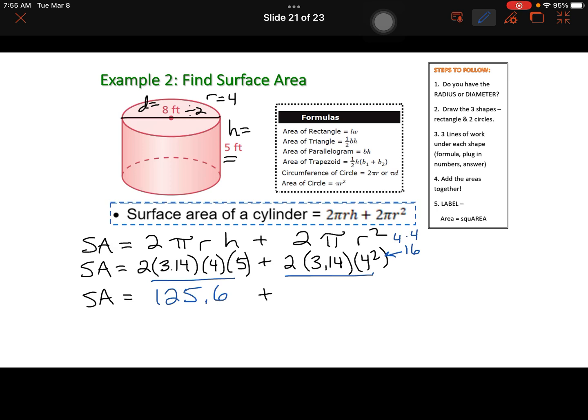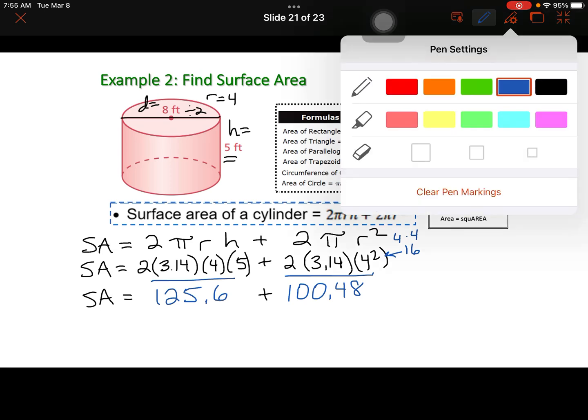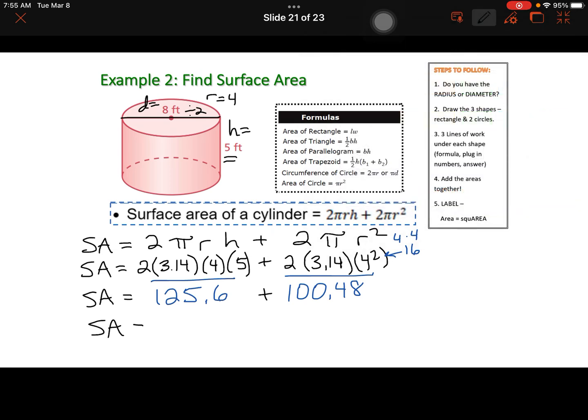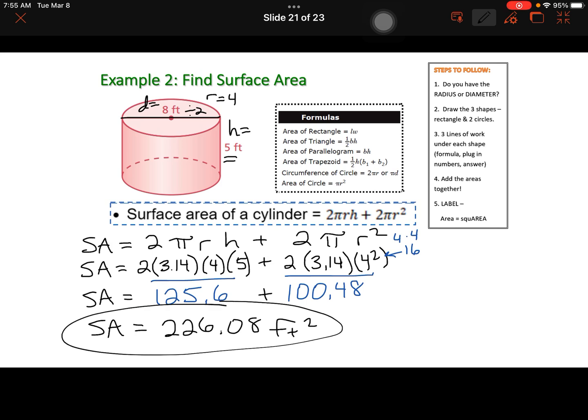Or you could just type it in as 2 times 3.14 times 4 times 4. And we get 148 hundredths. And that's going to give us a total surface area of, and so we're going to add those two amounts together, 125.6, and we get 226 and 8 hundredths, and once again, feet squared on that one.